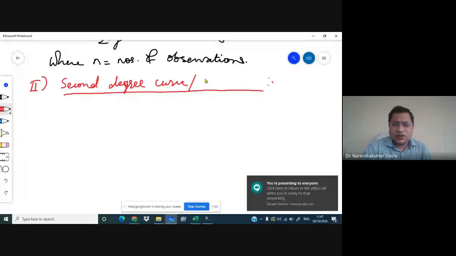Good, Bhavesh. So these are all second degree curves, and what we are going to study is actually a parabola. You have studied the standard parabola, but here we have a general parabola. Then we'll see how to write a general parabola. So the name of this curve is parabola.